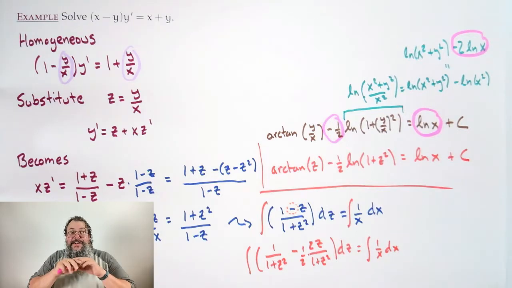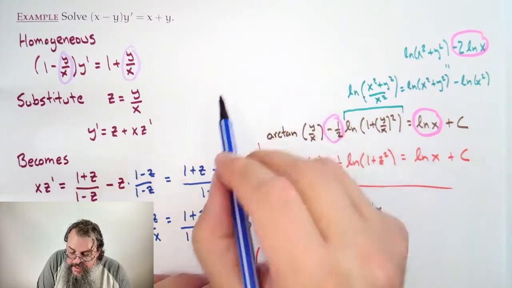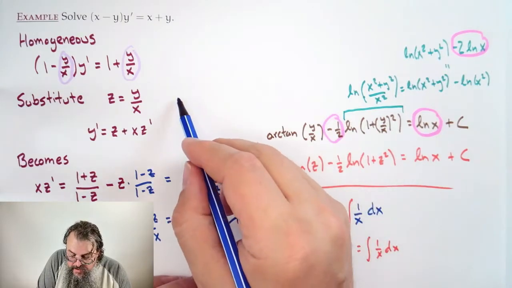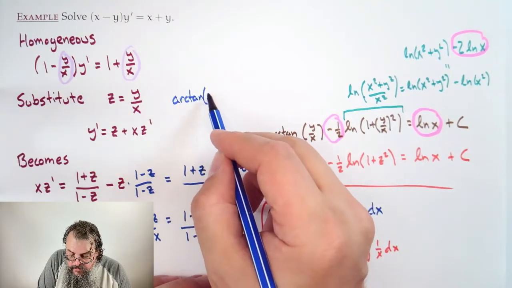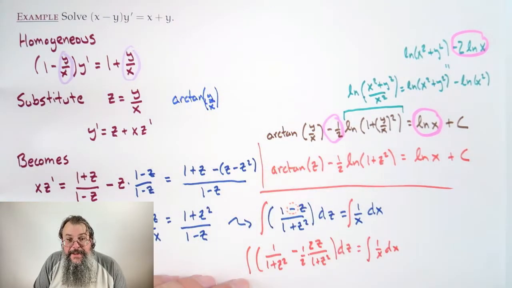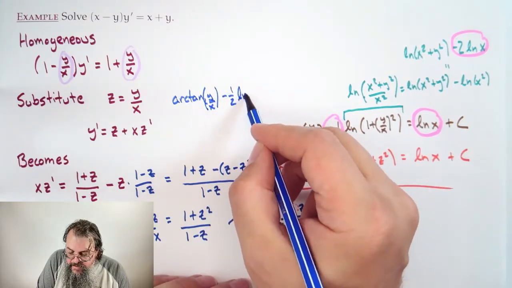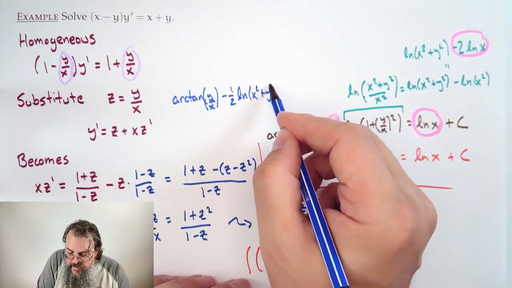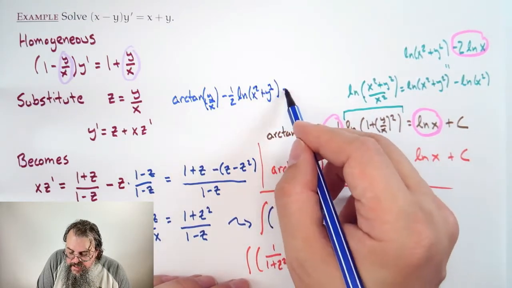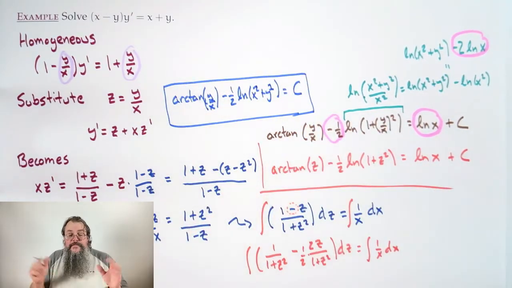In other words, they cancel, which means that we can write our answer in the following way, namely this part, our arctangent of y over x, minus 1/2 log of x squared plus y squared is equal to c. There you go. That's another way to write the answer.